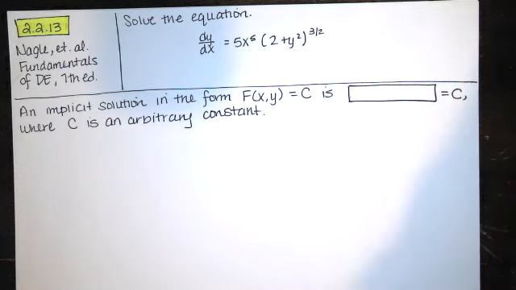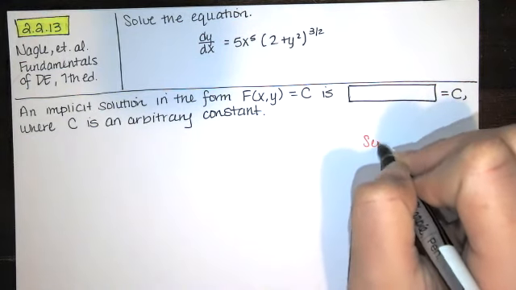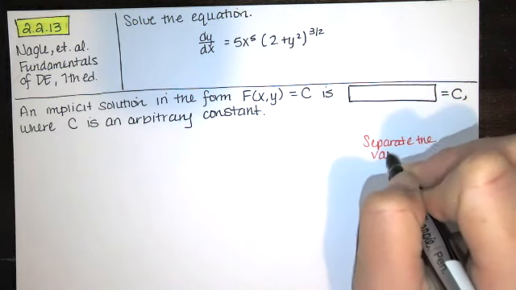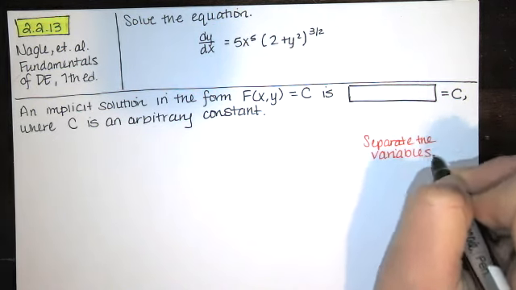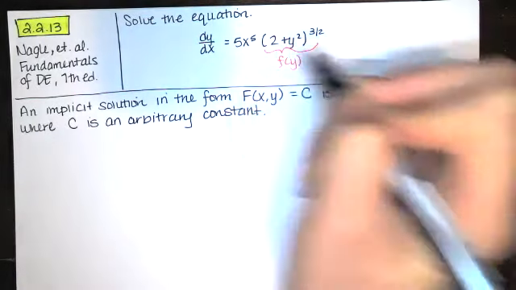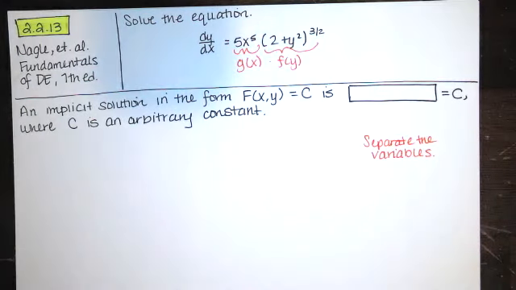So we're going to start the problem by doing that. We notice that it's separable, so we separate the variables. Again, this is because this is a function of y times a function of x. If a differential equation can be written in this form, then we know it's separable.